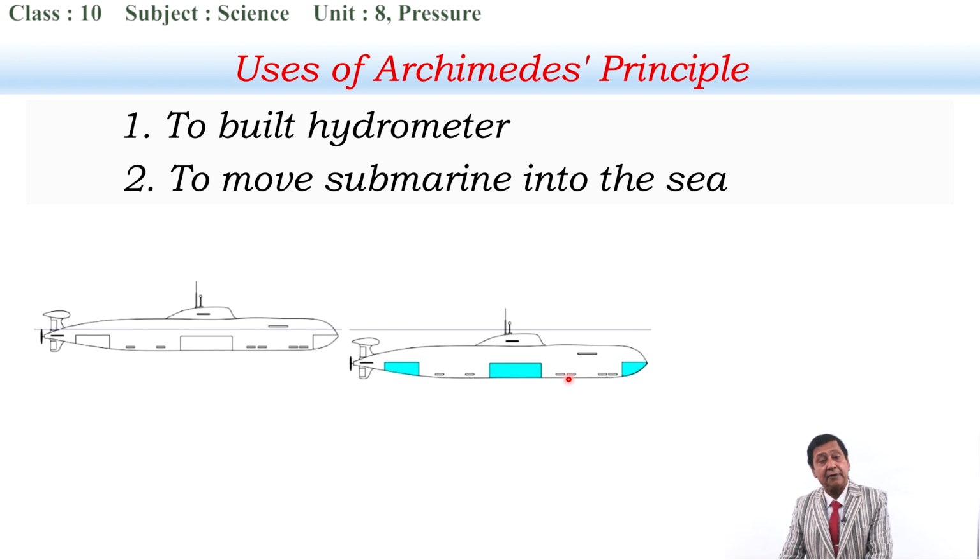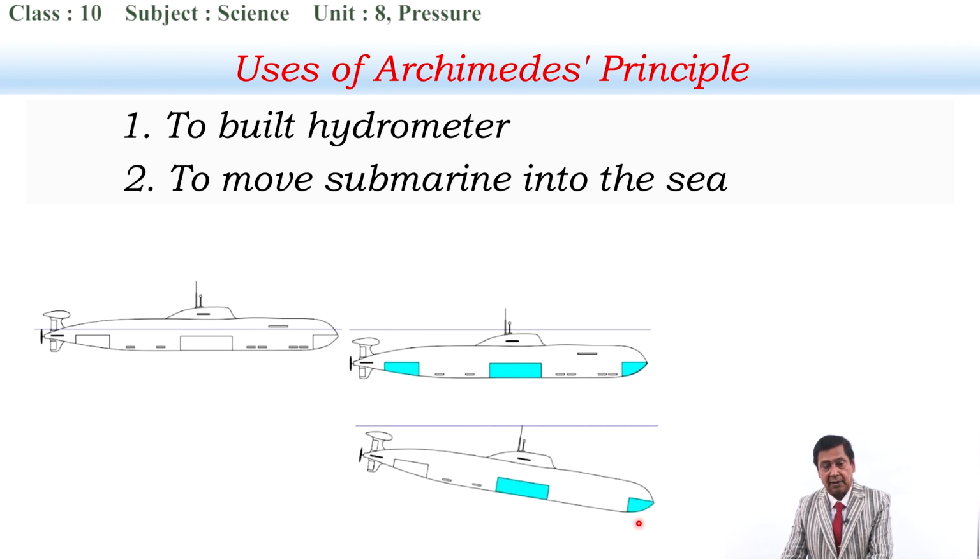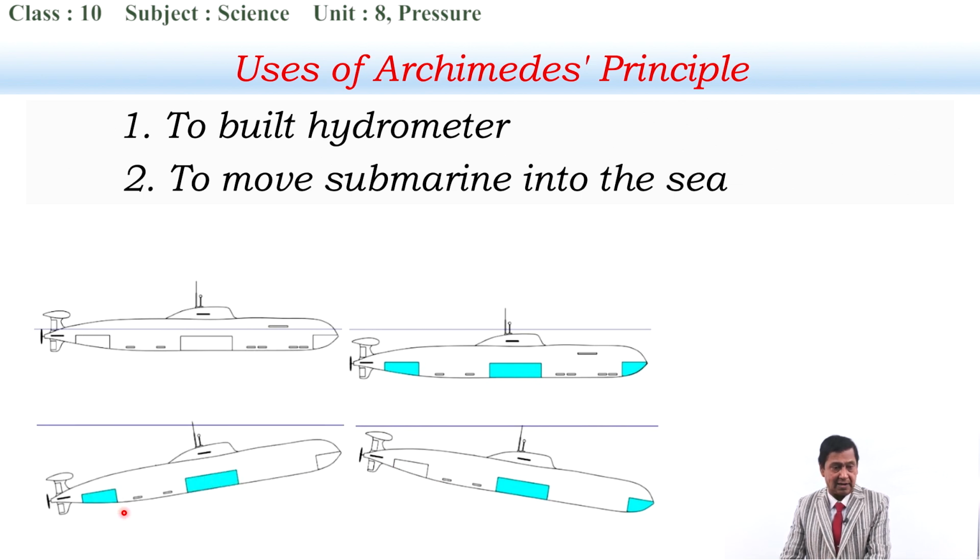Now if it has to move downward, then certainly the front side of the blast tank will be filled with water, then the front side tilts down, and using the motor and engine it can be driven in the downward direction. But if it has to come up, then the rear part of this submarine should be filled with water like this.